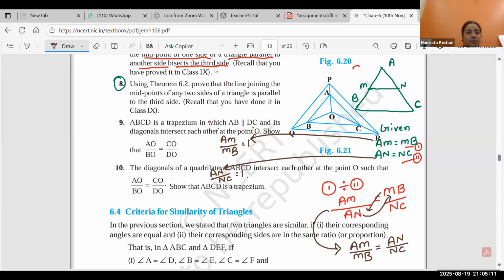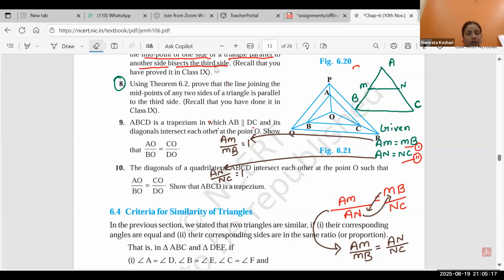Write the steps. If you are comfortable with the arrow one which I have given, then please do it that way. Comparing 1 and 2, and we are done with the proof. Just like this. If this step of division and all is creating confusion, then you can do it directly.